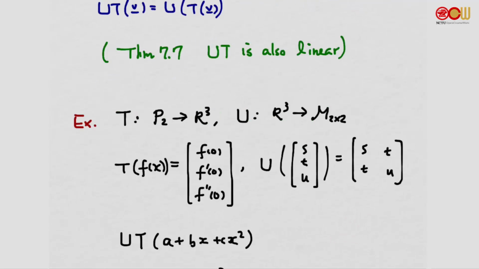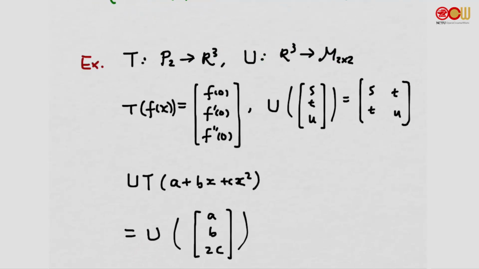Now let's consider the image of this polynomial under the composition mapping UT. This is the same as U of (a, b, 2c), because T of this polynomial is equal to (a, b, 2c), as we have derived earlier.